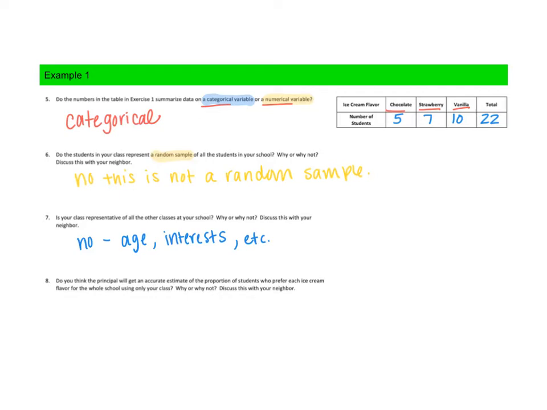And then number 8, it says, do you think the principal will get an accurate estimate of the proportion of students who prefer each ice cream flavor by only using your class? No. We just talked about this. She should sample people from many classes.